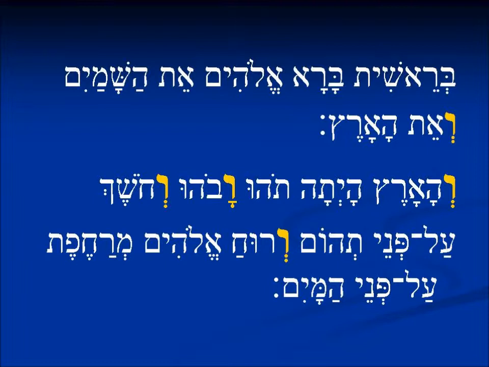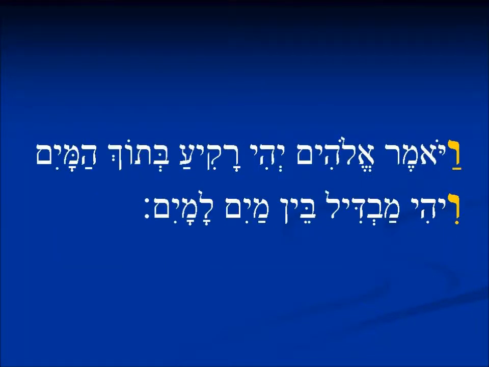In the second verse, v'haaretz hayata tohu vavohu v'choshech al pnei tehom v'ruach Elohim merachefet al pnei hamayim. So we see 3 out of the 4 highlighted vavs have the shva, and the other one has the kamatz. It's a little less common, but we do see it. It doesn't change the meaning, and the vav, of course, remains as a consonant.